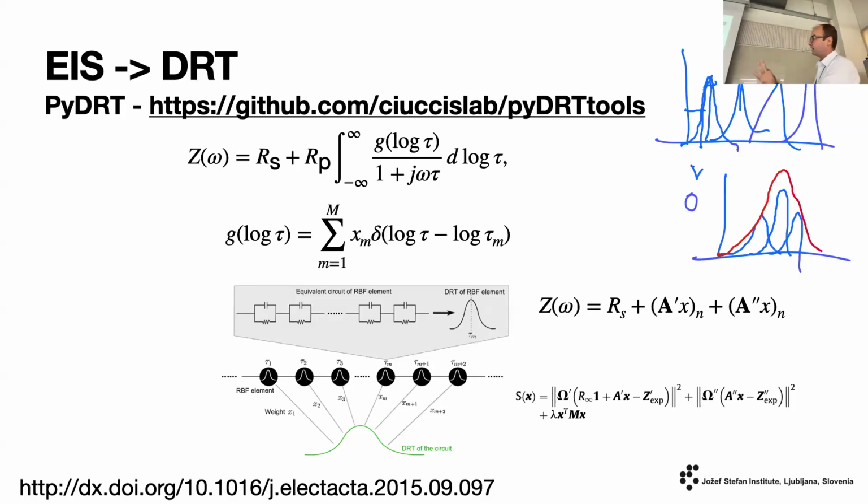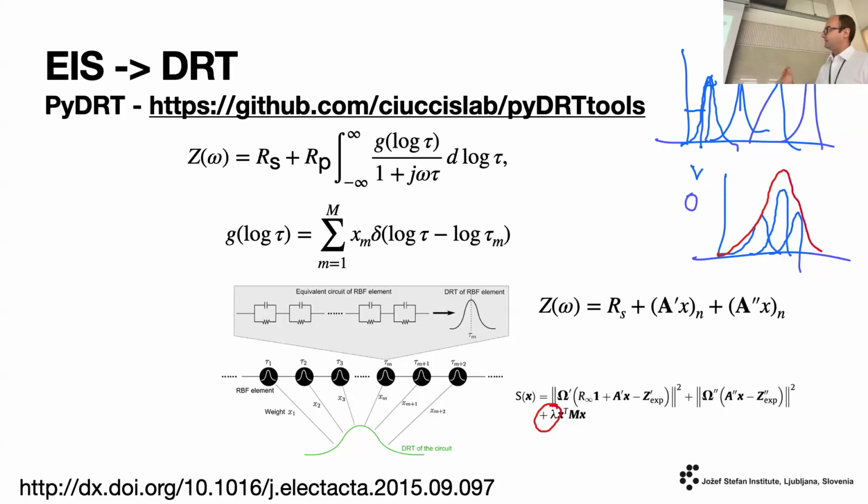There is one particularly important thing here, and this is the value of lambda. It's called a regularization parameter. What does it say?